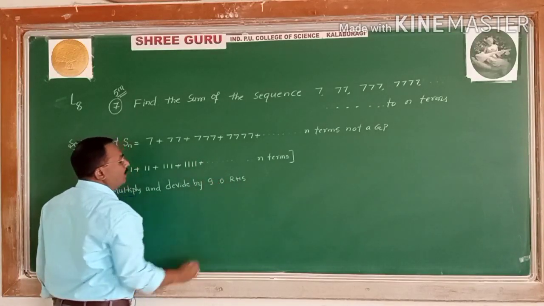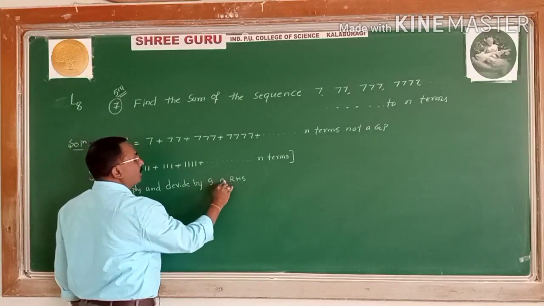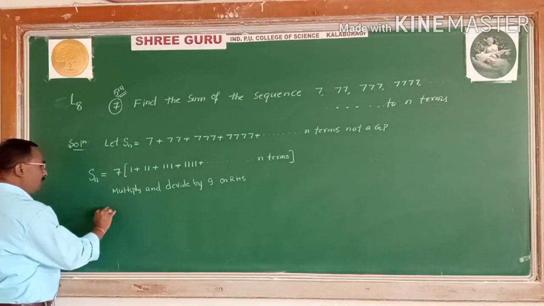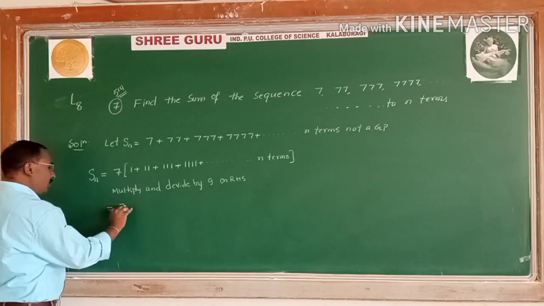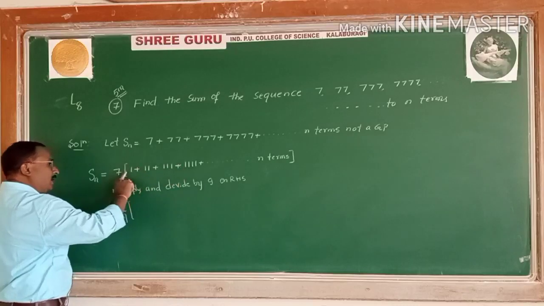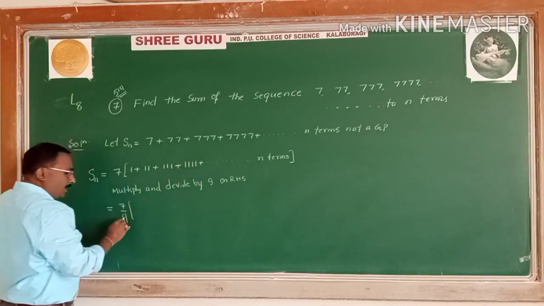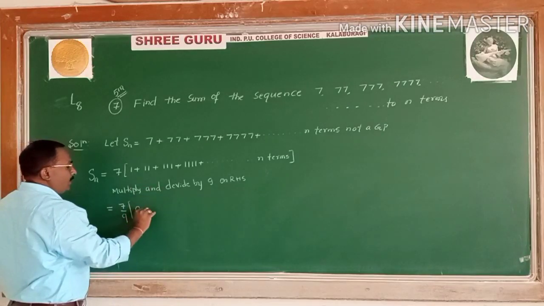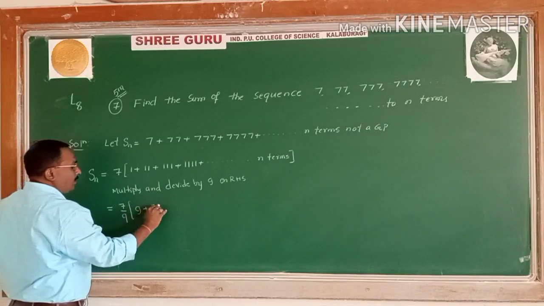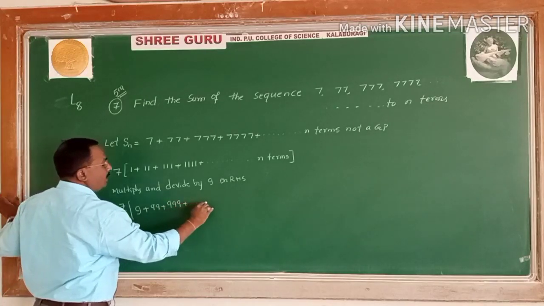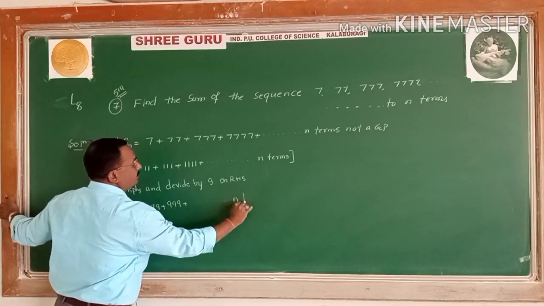Here 7 divided by 9, multiplied by 9 in each term: 9 plus double 9 plus triple 9 to n terms.